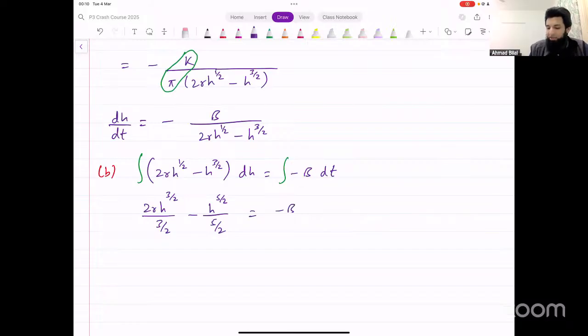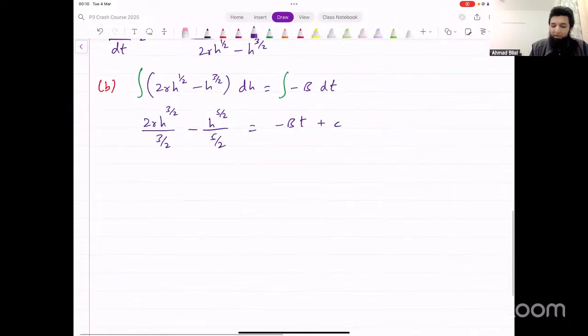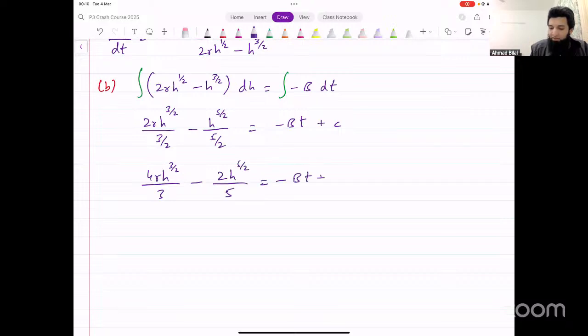Its integration with respect to t would be minus bt. Then you have a constant added to that. Let's simplify this. 2 goes to the numerator and it becomes 4Rh raised to the power 3 over 2 divided by 3 minus 2h raised to the power 5 over 2 divided by 5 equals minus bt plus c.